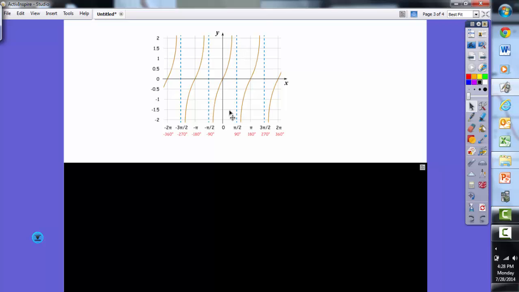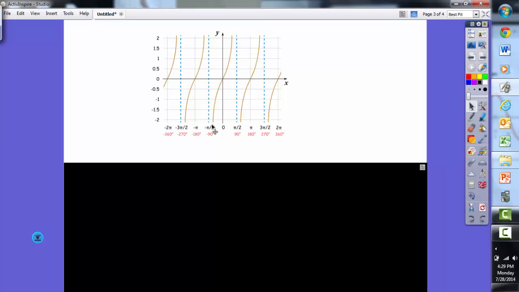So from -pi over 2 to pi over 2, the function is actually one-to-one. And think about what the range is. What's the range of this function? It's from -infinity to infinity. So that means the domain of the arc tangent is going to be -infinity to infinity. However, the domain of this function is -pi over 2 to pi over 2 exclusive.